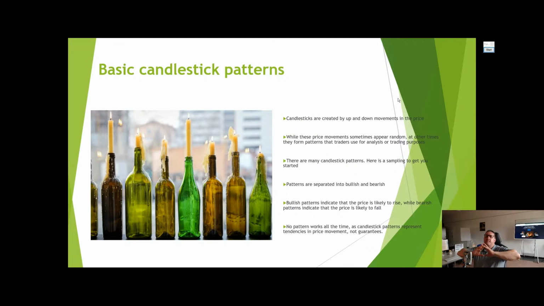We have many candlestick patterns. There is a book from Steve Nison, you can Google it, called Candlestick Patterns. It is that thick, with thousands of candlestick patterns, which means you must interpret.